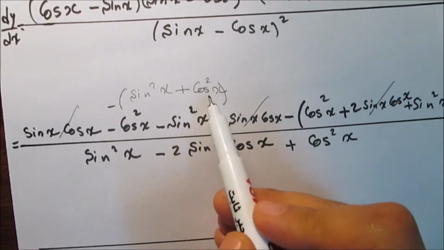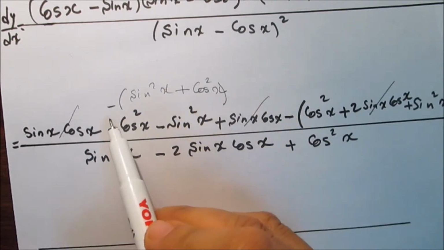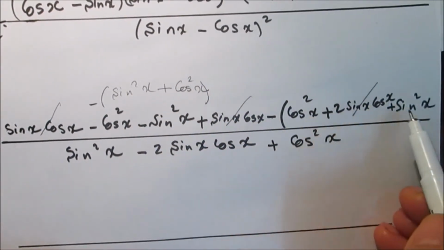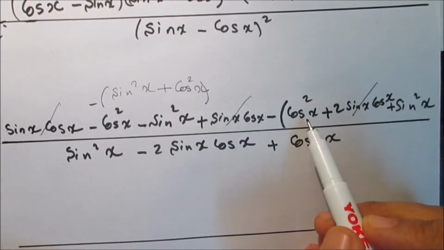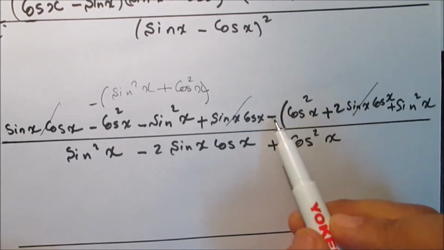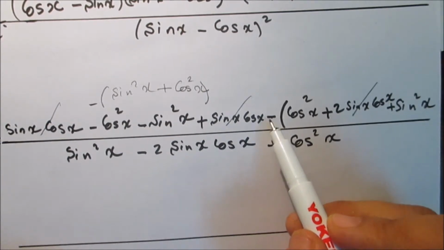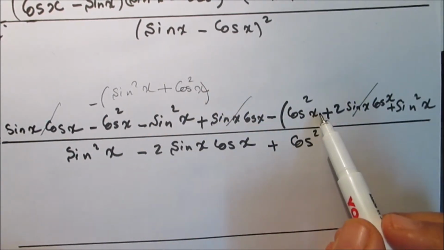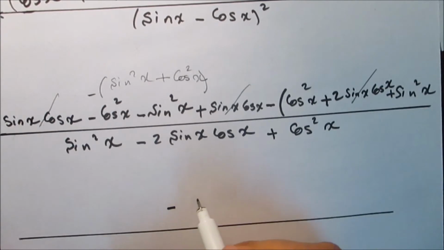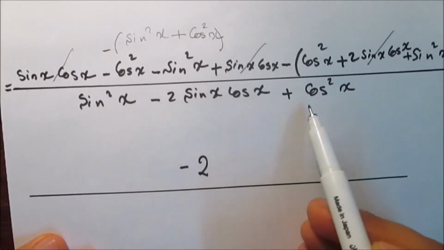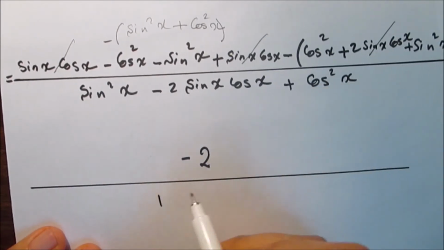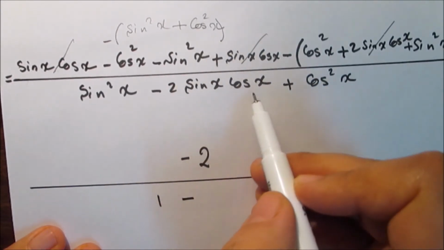Sine squared x plus cosine squared x is 1, so here we have negative 1, and also here we have sine squared plus cosine squared, which is 1, and outside we have a negative sign, so negative 1, and negative 1 plus negative 1 is negative 2, so up it's simply negative 2, and down we have sine squared plus cosine squared, which is 1, minus 2 sine x cosine x.